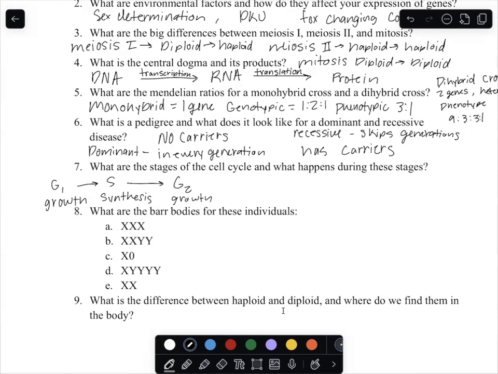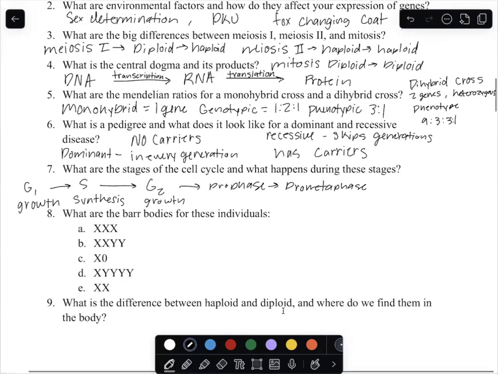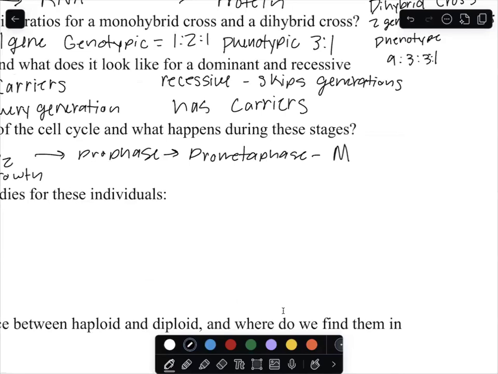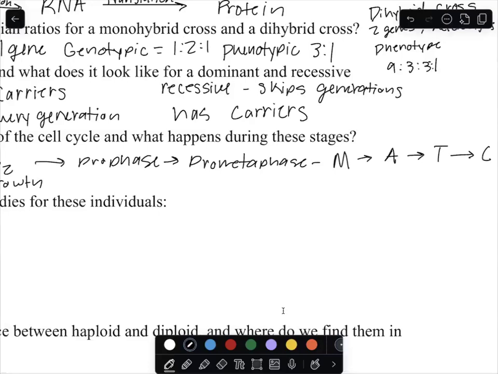And that's interphase, and then we go on to mitosis, and you have prophase, prometaphase, I don't think we're gonna have room for this, so I'm just gonna write M for metaphase, then you go to anaphase, telophase, and then cytokinesis.